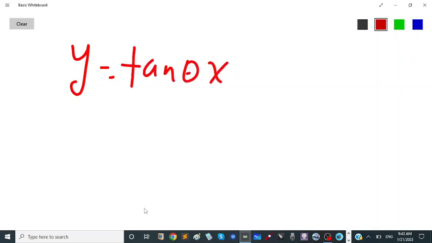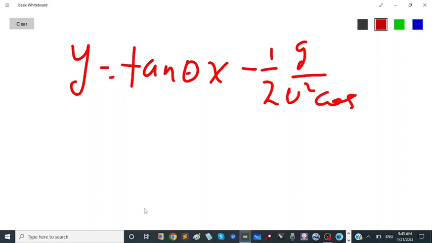Like a quadratic equation or a linear function, we do it like this one. Okay, so in general, rearranging this function, y is equal to tan theta x, minus half g over U square cos square theta, x square.